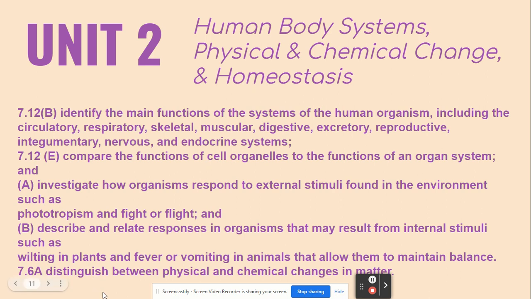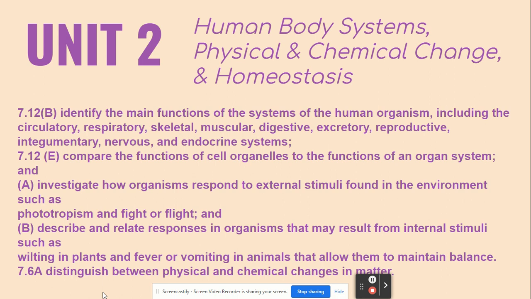Okay, Unit 2, Human Body Systems, Physical and Chemical Change and Homeostasis. Okay, so 7.12B, identify the main functions of the systems of the human organism, including the circulatory, respiratory, skeletal, muscular, digestive, excretory, reproductive, integumentary, nervous, and endocrine systems. 7.12E, compare the functions of cell organelles to the functions of organ systems.